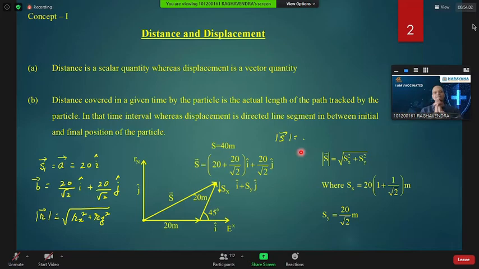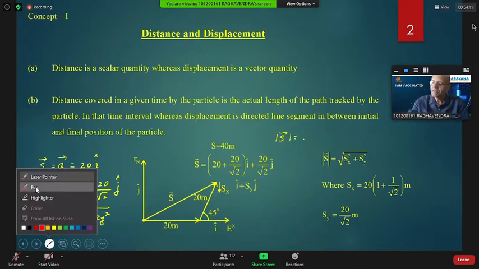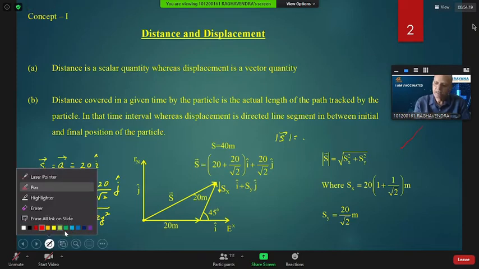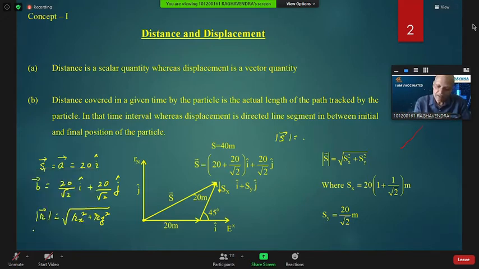Sir, once explain B vector, sir. Okay, beta. So I am taking a pen and I will show you what is there in that. Suppose this is vector B. Okay, I will take red color. Sir, take white color, sir. You want white color? Okay, beta, so we can see properly.